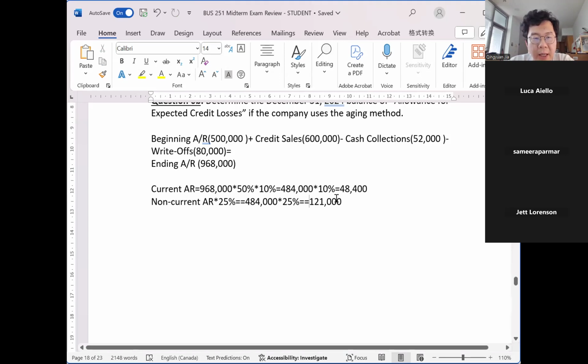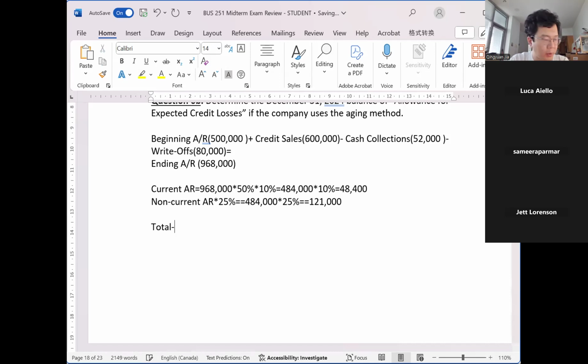So we have to add these two figures together.